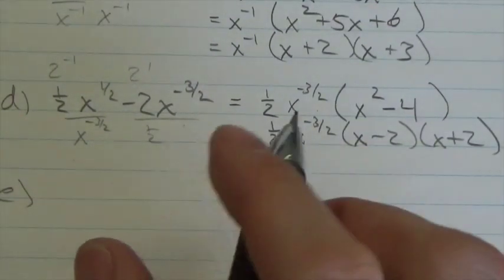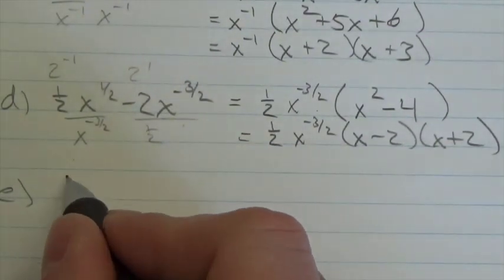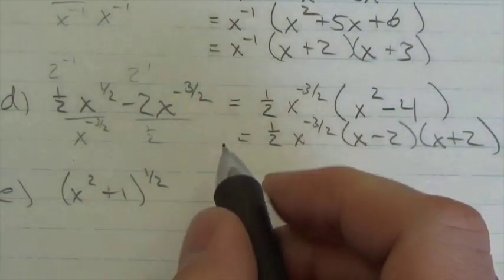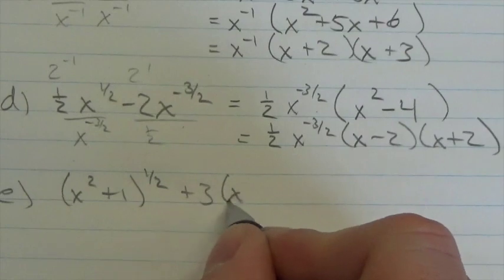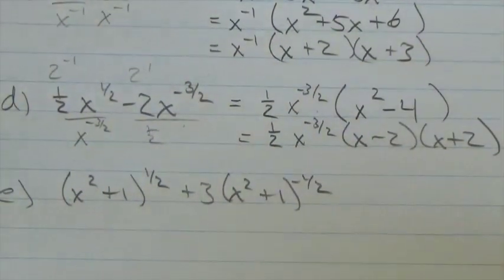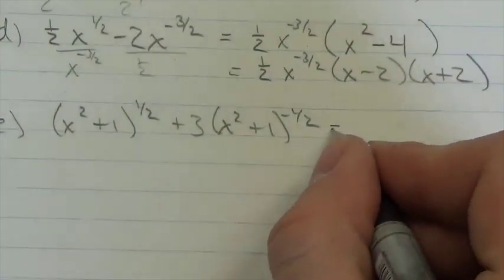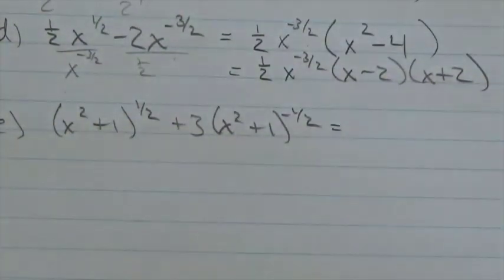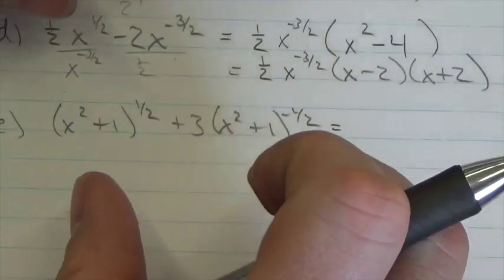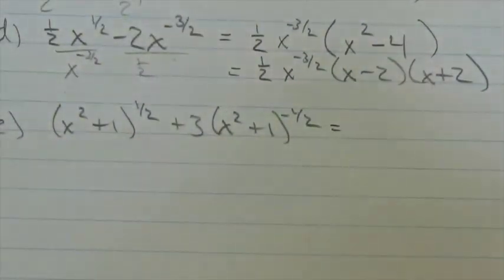Let's take a look here at (x squared plus 1) to the 1/2 plus 3(x squared plus 1) to the negative 1/2. Now, the only thing that has changed here is that one of my factors is a binomial.